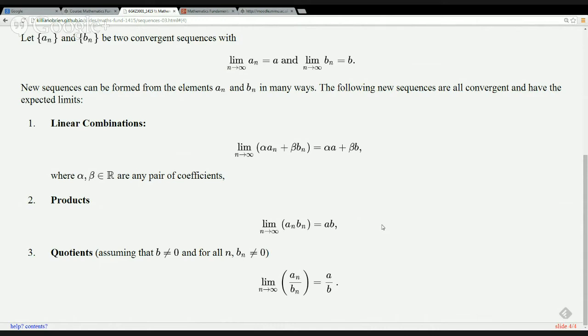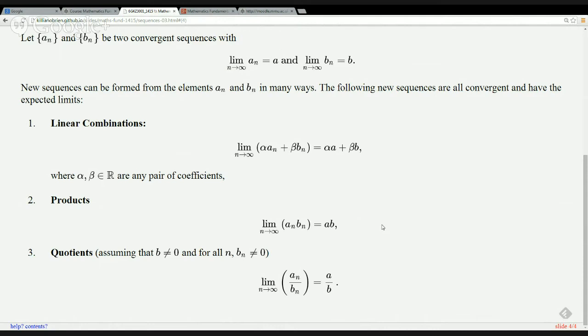So somebody shouts an epsilon at us. We have to come up with an integer capital N such that for every small n bigger than the capital N, the inequality is satisfied, that the absolute value of alpha an plus beta bn minus the limit alpha a plus beta b, this has to be less than epsilon.